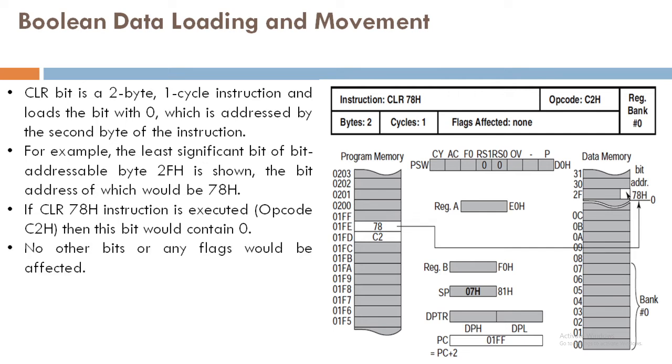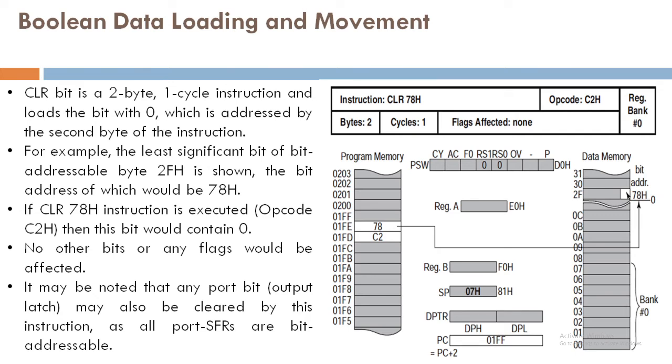So none of the flags can get affected in this particular instruction. Only the thing that gets erased is the bit that is targeted. Okay, so that particular bit is now reset to 0. Okay, now it has to be noted that any port bit may also be cleared by this instruction, as all port SFRs are bit addressable.